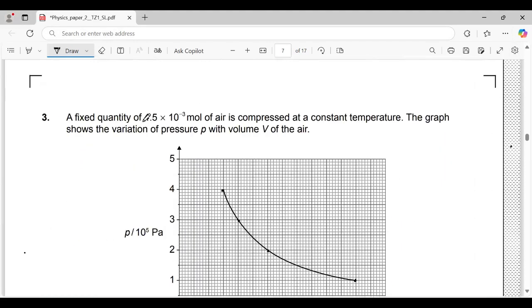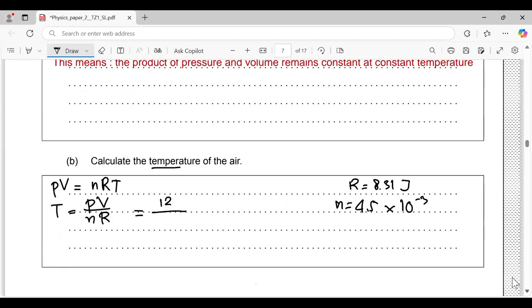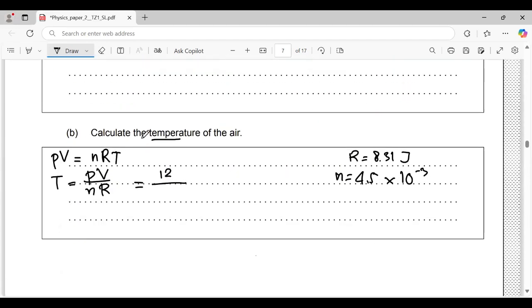This is n. So it is 12 divided by 4.5 times 10 power minus 3 times 8.31. And the result is 320.7, rounded to 321 Kelvin. The unit is Kelvin.